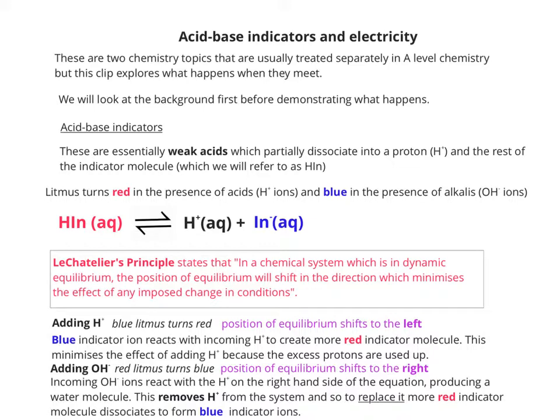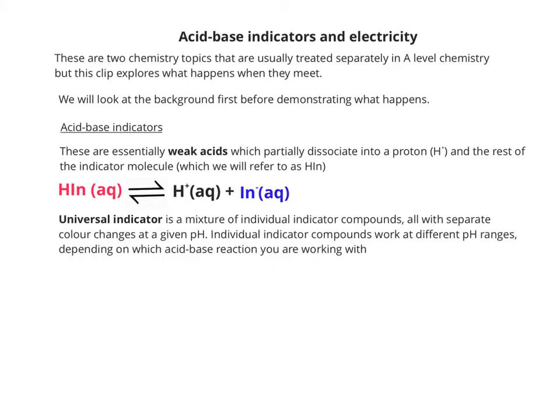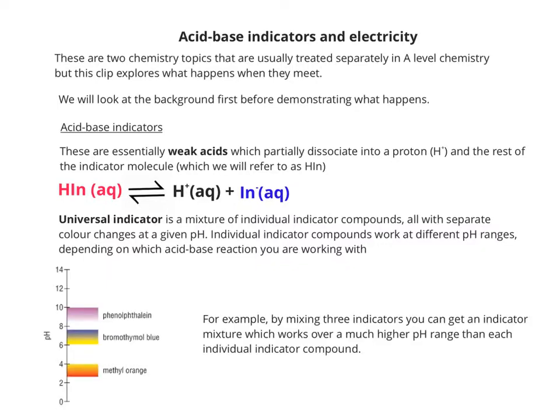Okay, so now let's have a look at what happened when we used electrolysis to influence this reaction. Another indicator that we often use is called universal indicator. This is actually a mixture of several different indicator compounds, and each one will have separate colour changes at a given pH. If you look at the little chart we've got here, it shows you that you've got three different indicators that work at three different pH values, and they also give three different colour changes that you can see visibly with the naked eye.